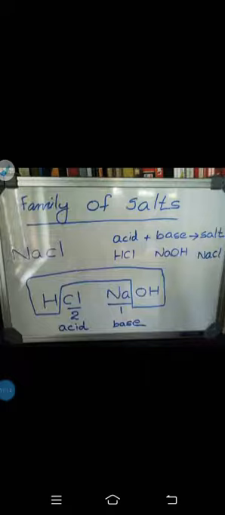When an acid reacts with the base, it forms salt and water. An example, HCl when combines with NaOH, it results in the formation of NaCl along with water molecule. Here NaCl is the salt formed during this reaction.